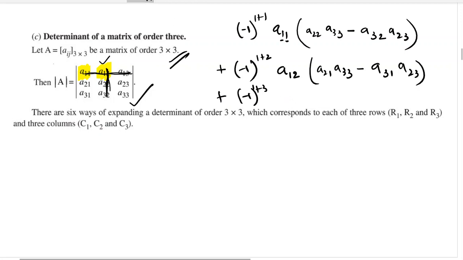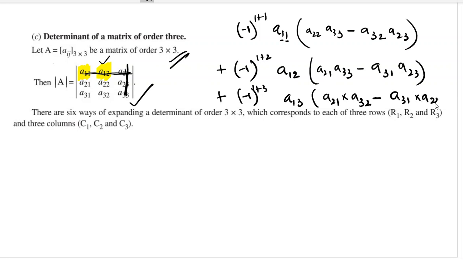Okay, then what I'm going to do is delete this. So this will become A13, bracket, A21 multiplied by A32 minus A31 multiplied by A22, right?